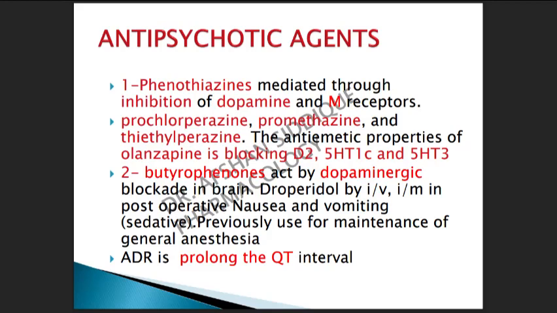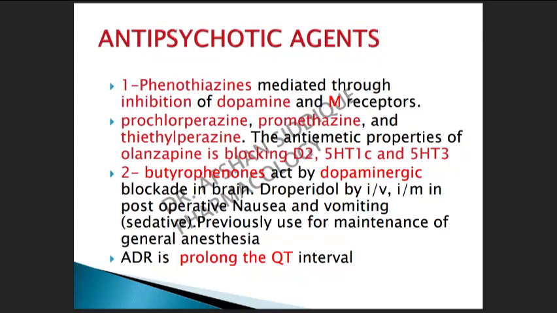So among all these medications classified as antipsychotics, phenothiazine acts by dopamine and M1 receptor, while the remaining ones as well as olanzapine act by blocking D2 receptor, 5-HT receptors as well as 5-HT3 receptor.